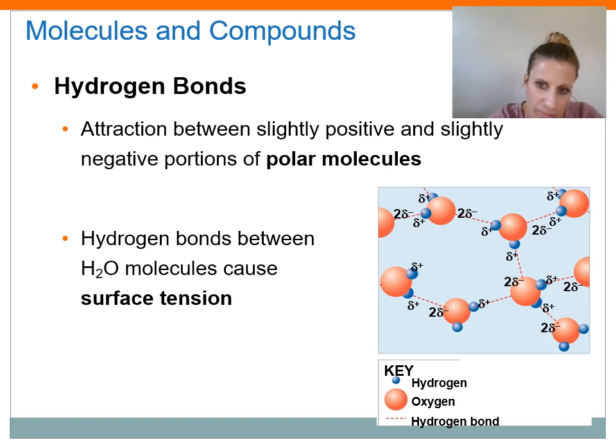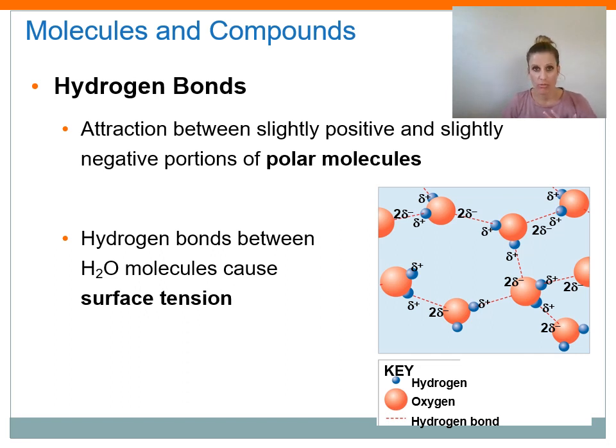And then over here, this positive hydrogen has a slight attraction to the negative oxygen. This positive hydrogen has a slight attraction to the negative oxygen. So they're not full bonds with each other, but there is a slight attraction here between these partial charges, these opposites.